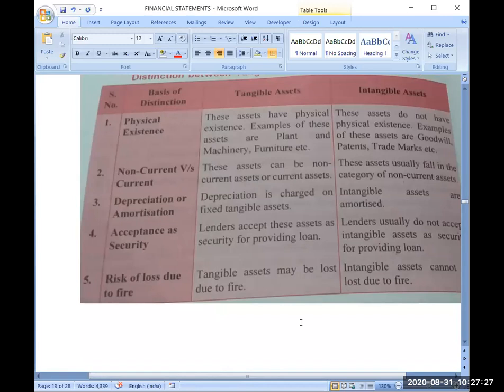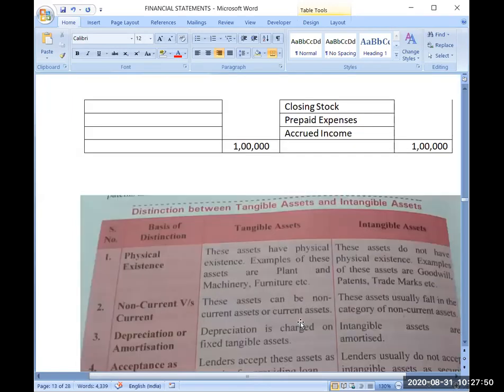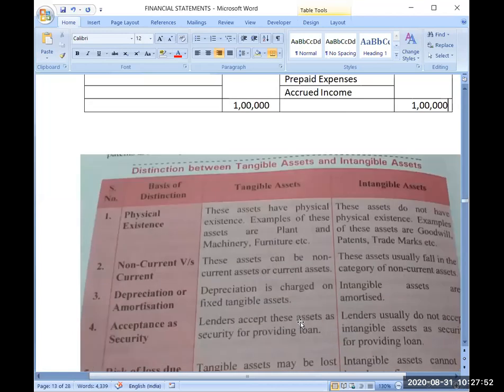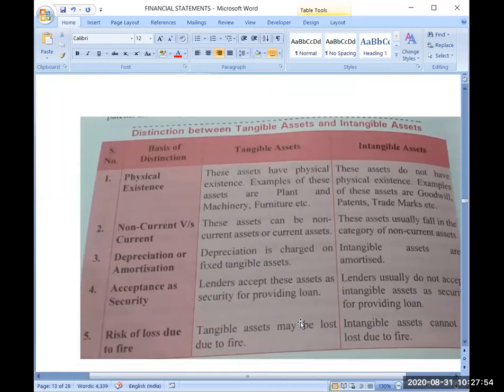Your tangible assets are physically existing assets, so they have a risk of loss due to fire, flood, or theft. Any loss can be there for tangible assets. But intangible assets are not physically existing, so losses like fire and flood are not there in the case of intangible assets. So this is the difference between tangible and intangible assets.